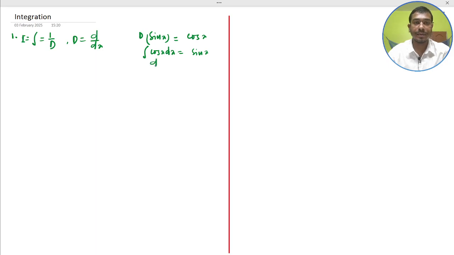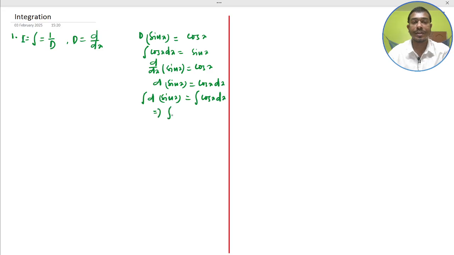Because d/dx of sin x is cos x, so d of sin x equals cos x dx. Taking the integral on both sides, integration of d(sin x) equals integration of cos x dx. That implies integration of cos x dx is sin x, because the integration of dx is x, plus c, the arbitrary constant.